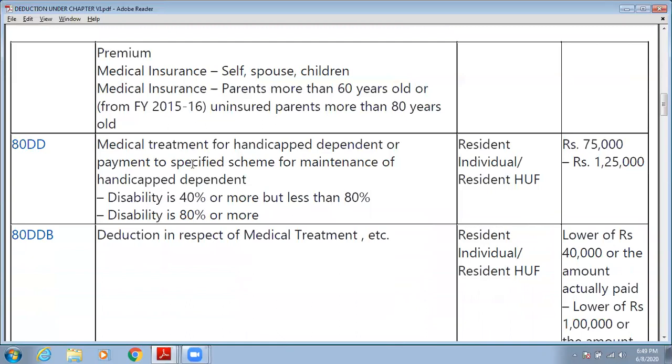What is the condition of deduction for 80DD? So let's see. Medical treatment for handicap dependents or the payment to specified scheme for maintenance of handicap dependents. Disability is 40% or more but less than 80%, and disability is 80% or more.